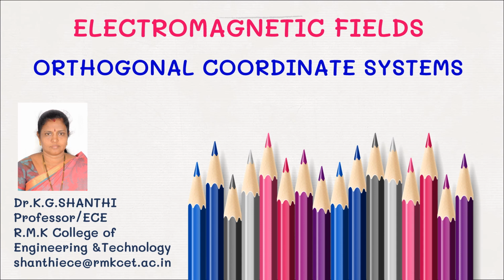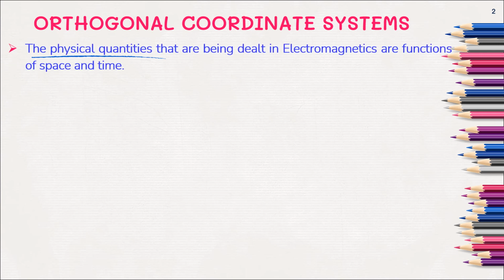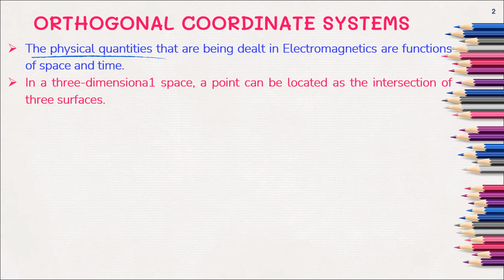In this video, we are going to see orthogonal coordinate systems, which is the fundamental for understanding all the concepts of electromagnetic fields. Orthogonal coordinate systems. Any physical quantity in electromagnetics is going to be a function of space and time.